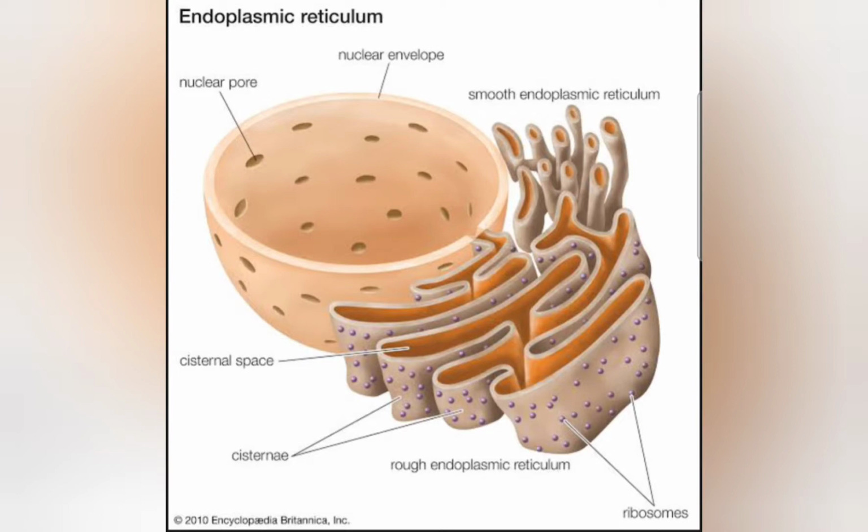The second component is vesicles. From the Golgi body you have learned that vesicles are small globular structures scattered along the sides of the cisternae, oval in shape and single membrane bound. Finally, coming to the tubules, you can find them in your book diagram, page number 6.29, figure number 6.27.